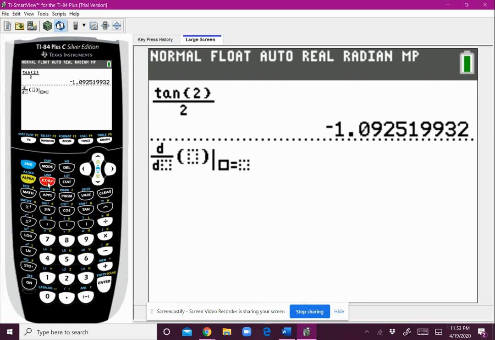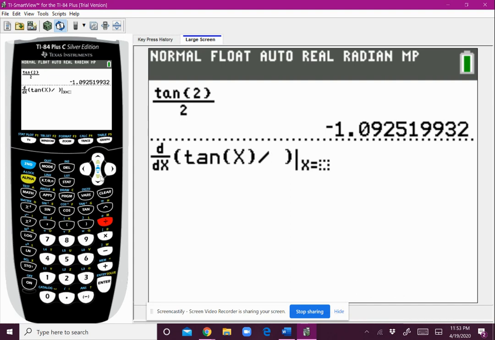So just type x. In between parentheses, we need to put the function, which is tangent x over x. We need a fraction, of course.